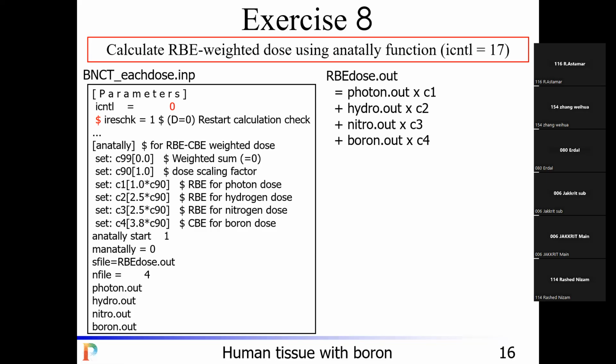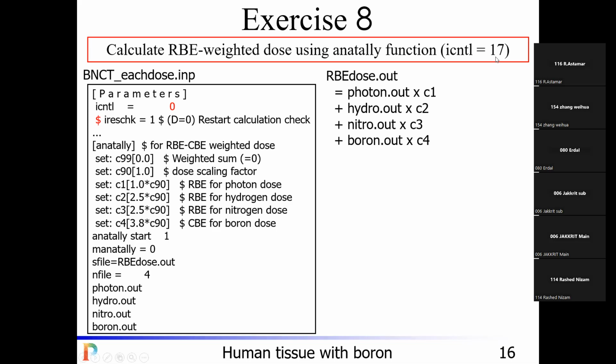To run in the Anatoly function mode, you have to set ICNTL equal to 17. Then this Anatoly subsection starts to work instead of the conventional particle transport simulation.